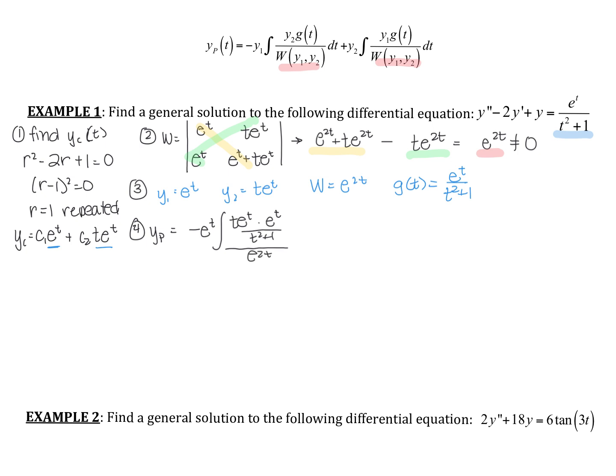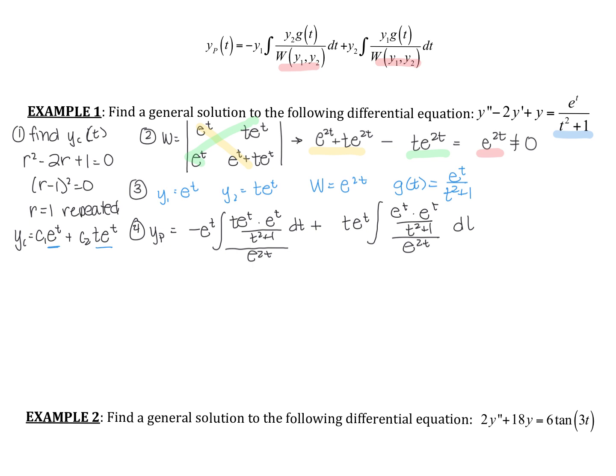I probably could have written this cleaner. That's with respect to t that we're integrating. Then I'm going to add that to te to the t, which is y sub 2, times the integral of, and we're going to repeat that process. So y sub 1 would be e to the t, g of t is e to the t over t squared plus 1, over e to the 2t.